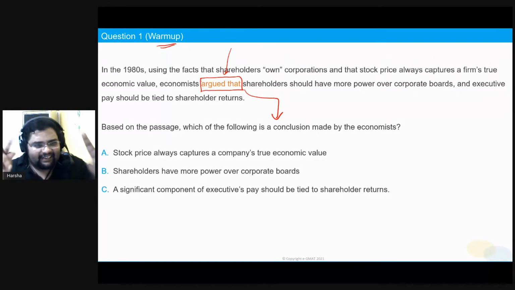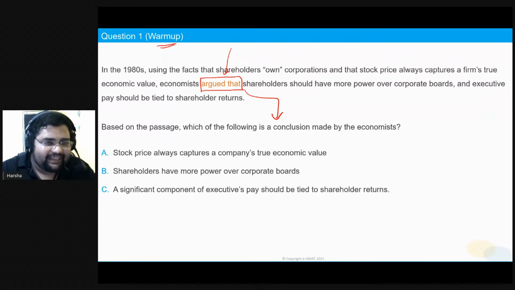All right. So let's start with this question. Typically, you should take around 1 minute for these questions. All right. Let's go.